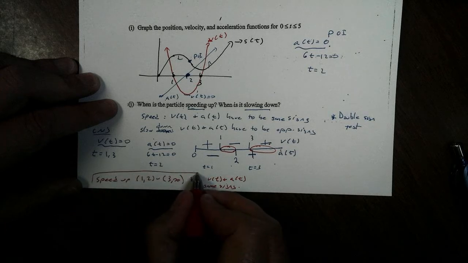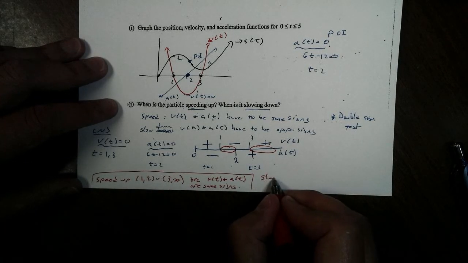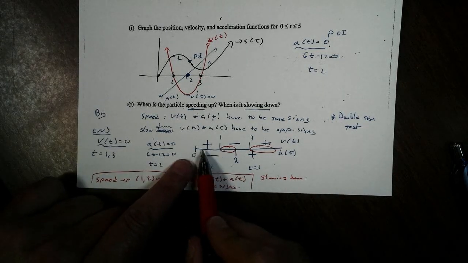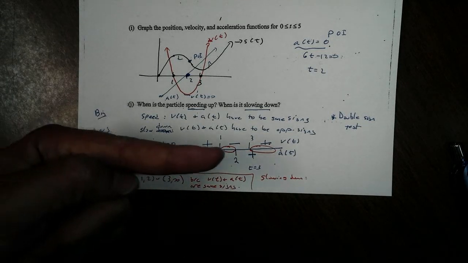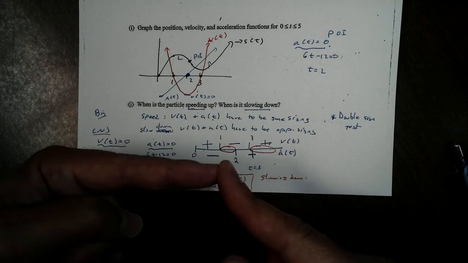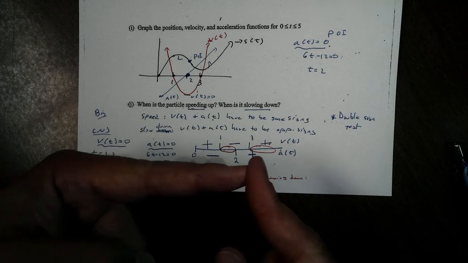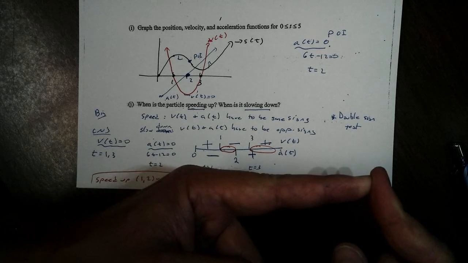Sorry, I had my hand over all that stuff. We are slowing down when the signs are different. Take a look between 0 and 1. My velocity is positive, but my acceleration is negative, pushing against it. It's not making me go backwards, but it is slowing me down a little bit.